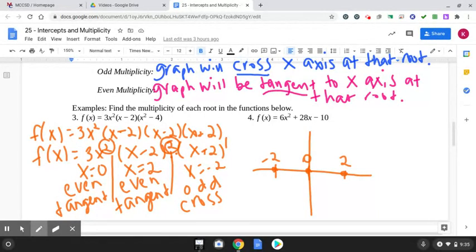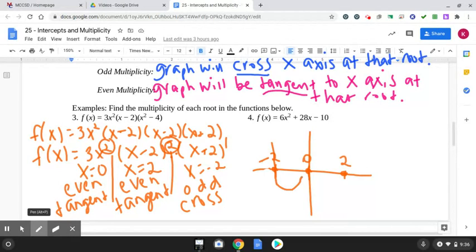So this is what it looks like if you sketch it quickly in your calculator. You're going to cross through at, whoops, that should actually be crossing. You're going to cross through at negative 2. There we go. And then you're going to be tangent at 0.